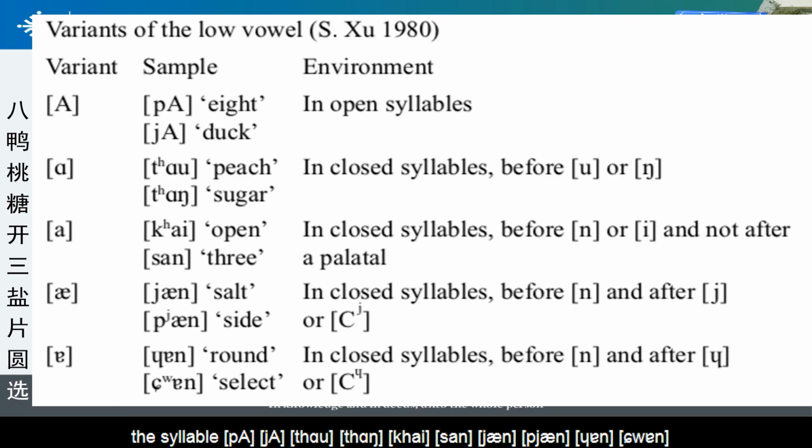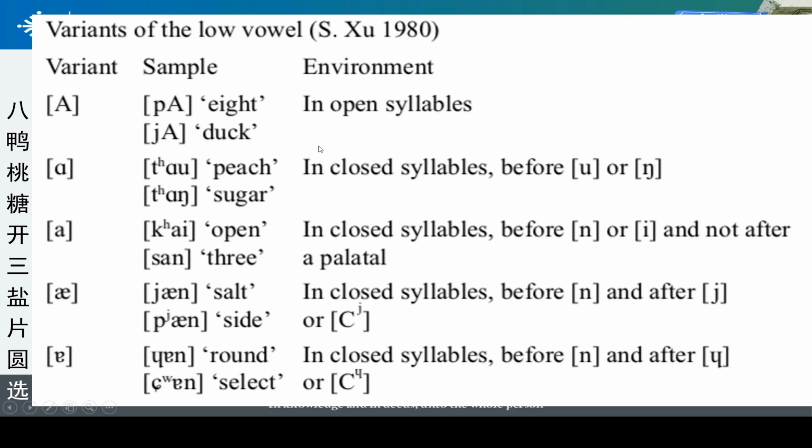So in the syllables 八鸭桃糖开山盐片圆选, okay, the a in all of them can be regarded as the same phoneme, as a group of allophones.